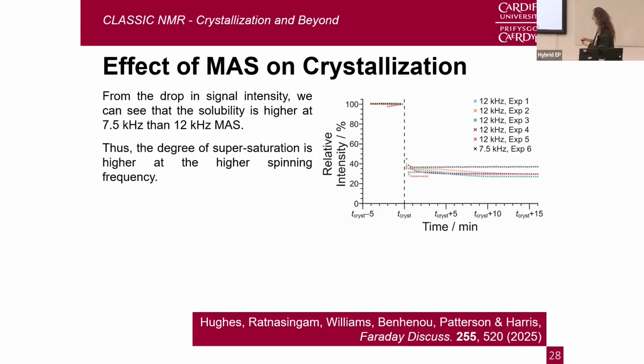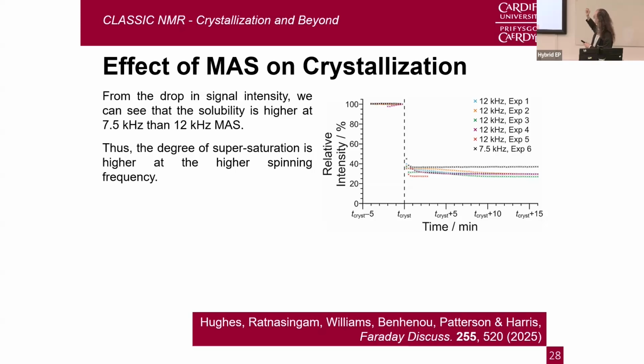What we find is that the black crosses at 7.5 kilohertz show the amount of signal left after crystallization is significantly more than in the various runs at 12 kilohertz. In other words, the solubility is different. The solubility is higher at 7.5 kilohertz because we've still got more in solution than at 12 kilohertz. And that's, we think, the crucial factor.